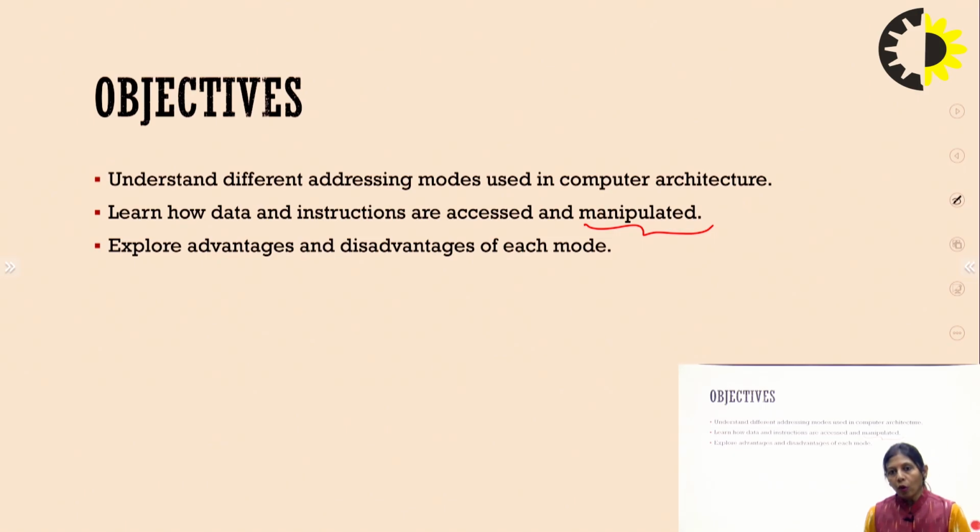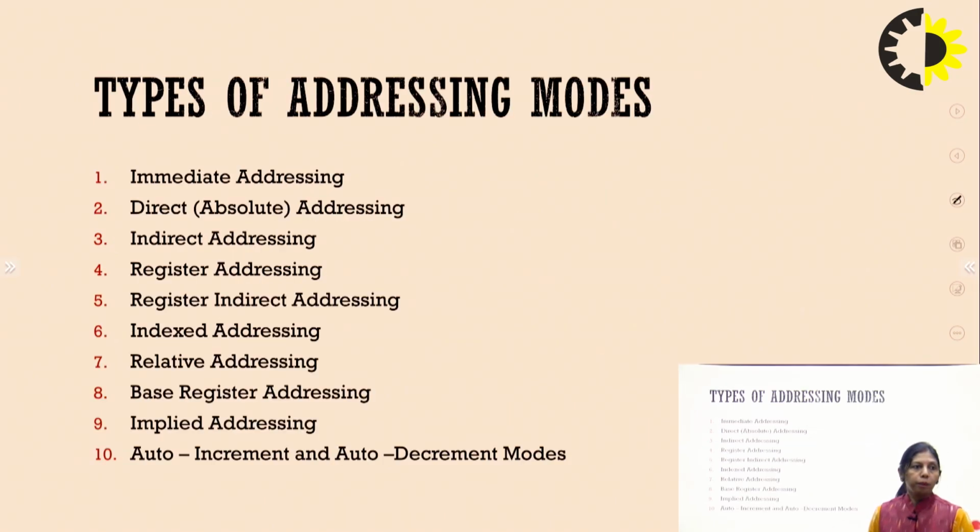It is because each addressing mode has its own advantages and disadvantages. So depending upon the situation, depending upon the need of the program type and the program execution, the selection of addressing mode is done.